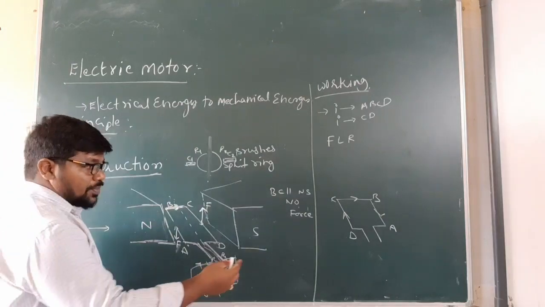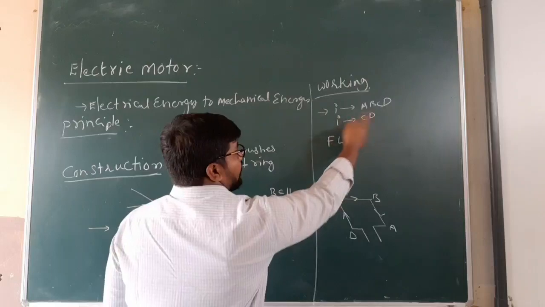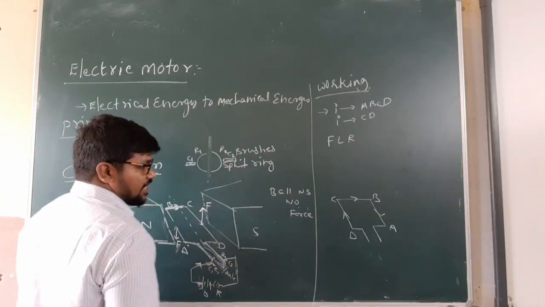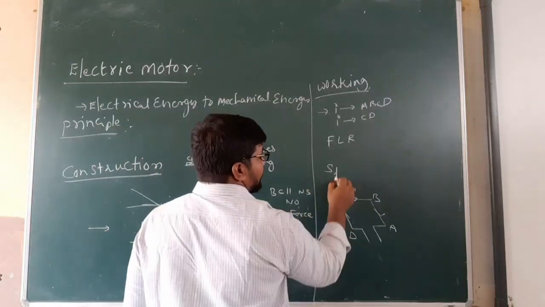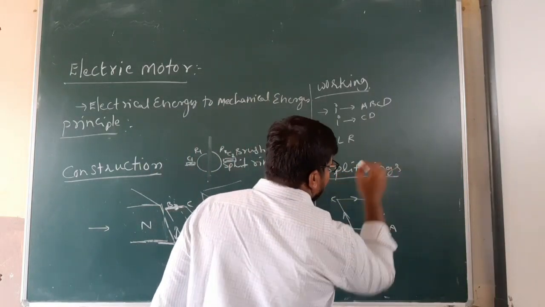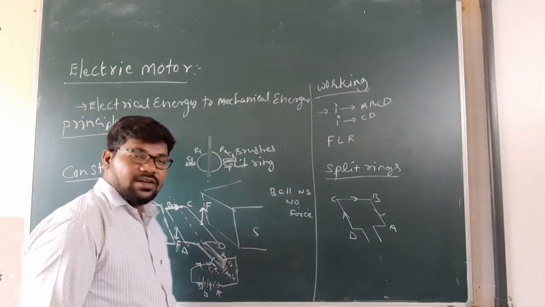To change the direction of current between DCBA and ABCD, we need to use split rings. Split rings play a very important role in an electric motor.